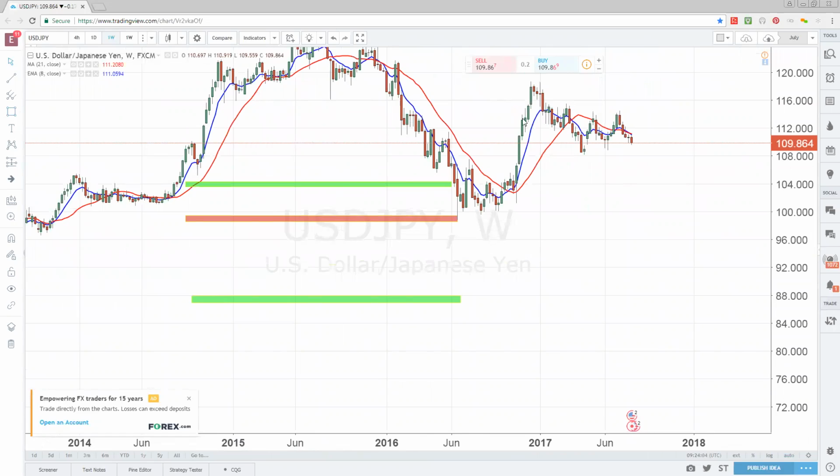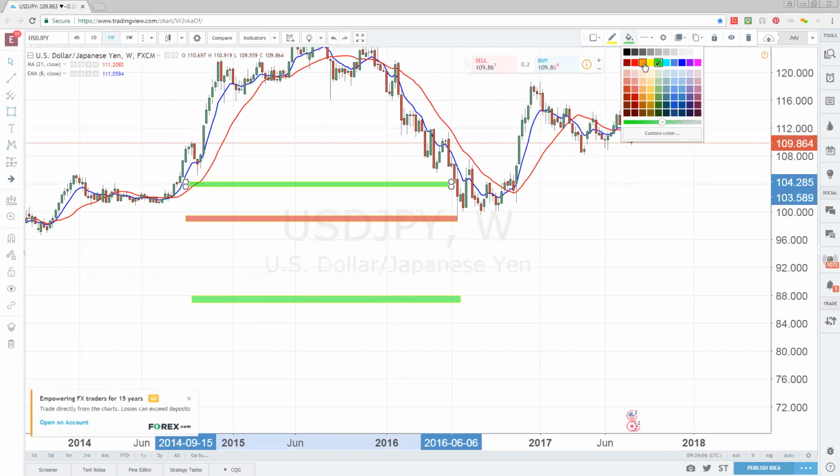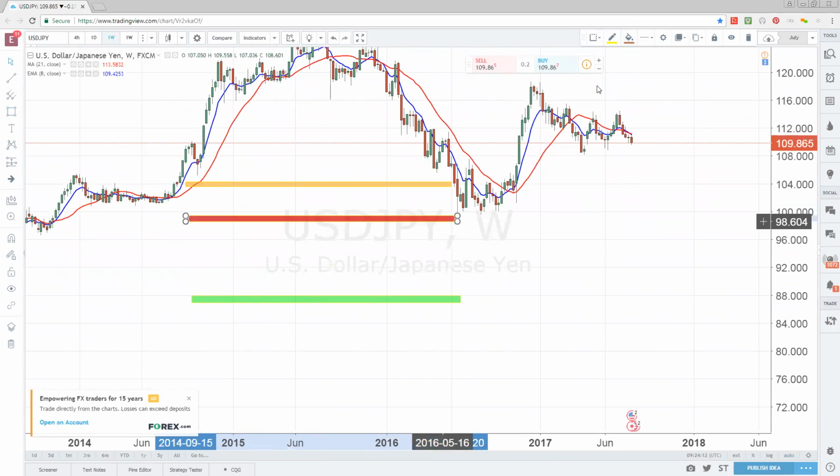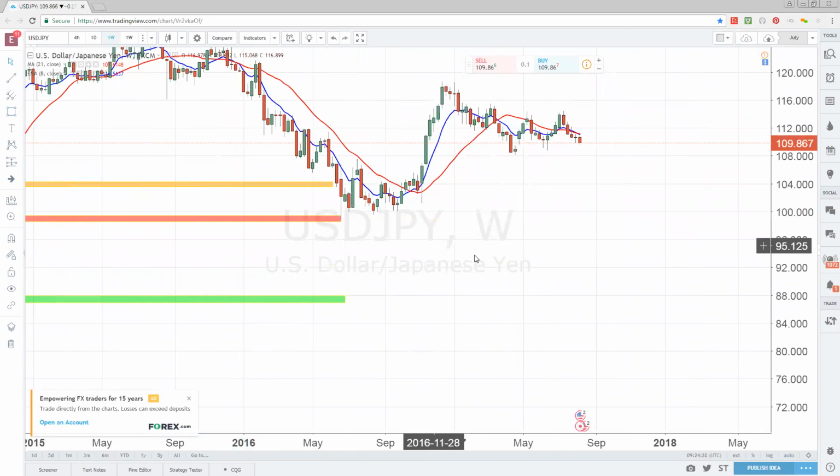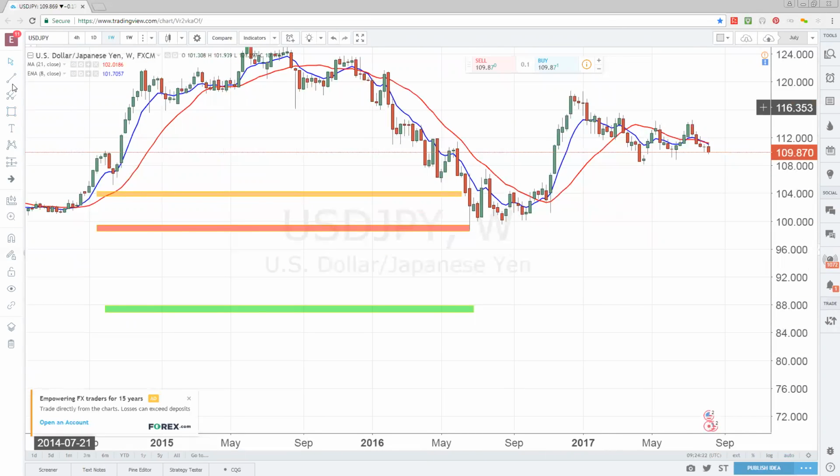Let's just use this box a different color. Let's go down. Any time frame. And this should be red. So how does markets move? Let's say in the past, markets went like this.